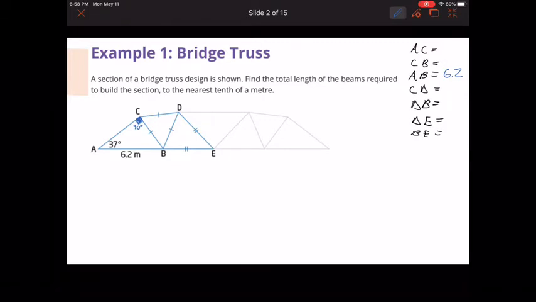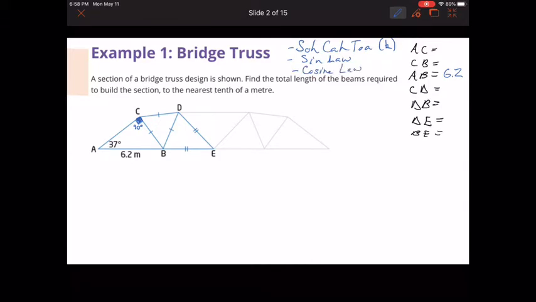So basically these tools that we have, if we've got 90 degrees, we can use SOHCAHTOA, we can use sine law, and we can use cosine law. Those are our 3 weapons.